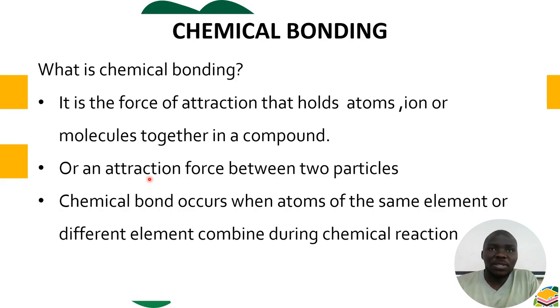For them to exist as diatomic molecules, it means they join together. The joining of those atoms is what chemical bonding refers to. That's why we're saying that chemical bonding occurs when atoms of the same element or atoms of different elements combine during chemical reaction.